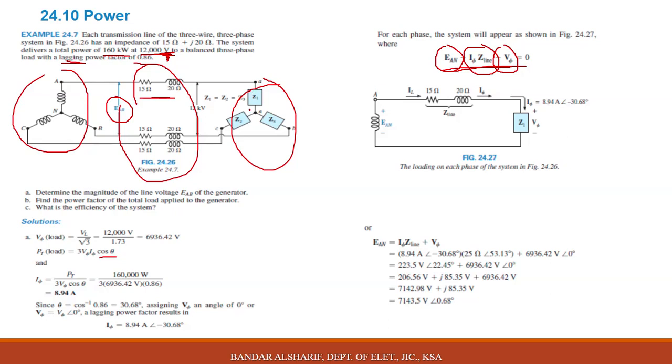This means each impedance has a resistor and inductor, or resistor, inductor, capacitor, but the effect or the value of the inductor is greater than the value of the capacitor.